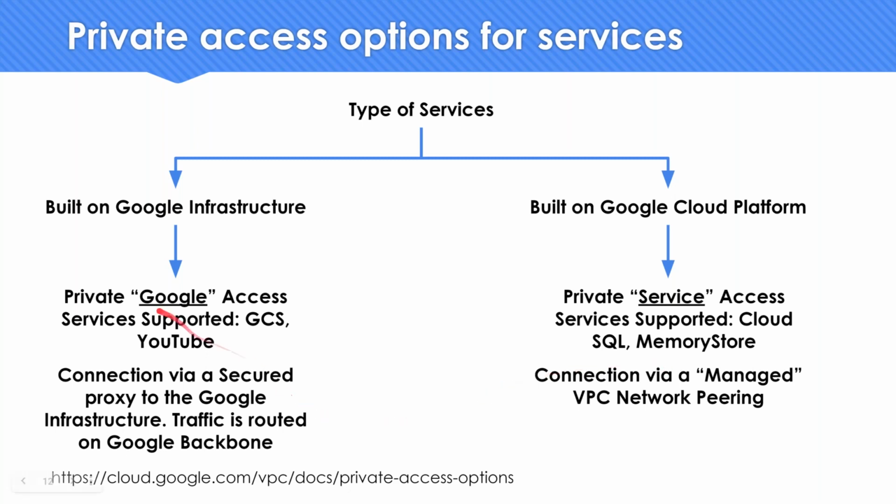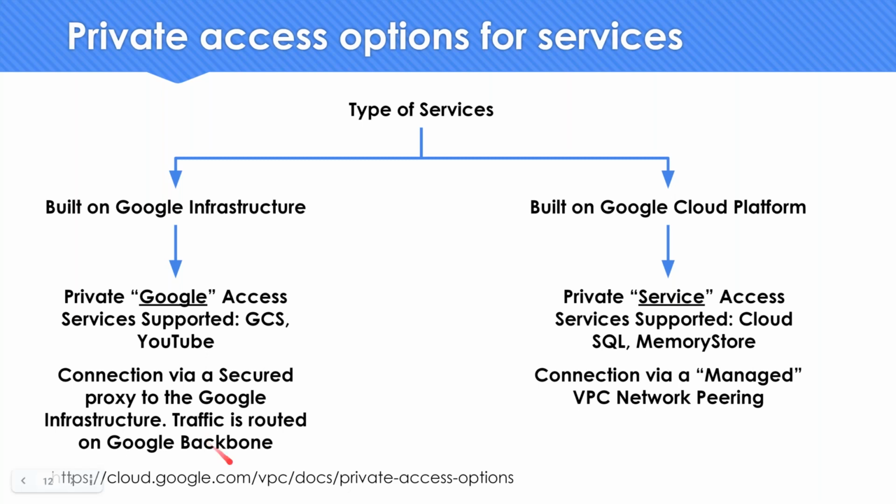And when you are going to access private Google access, basically the resources like Google Cloud Storage, BigQuery, Spanner, YouTube, any Google APIs, you are going to use a proxy. So connection is via secured proxy to Google's infrastructure, and the traffic is going to be routed on Google's backbone.